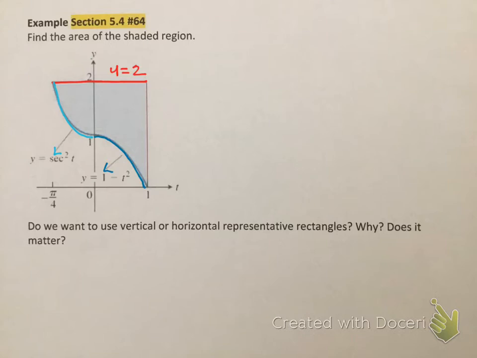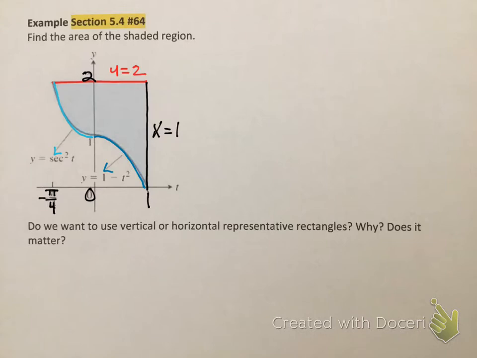And you have this line right here, which is x is equal to 1. Your boundaries on your x-axis seem to go from negative pi over 4 to 1, and on your y-axis from 0 to 2.